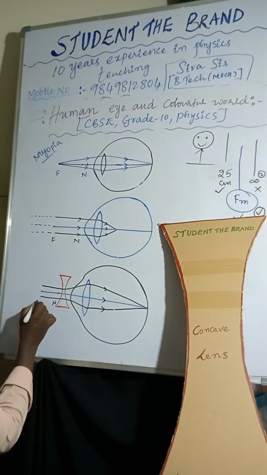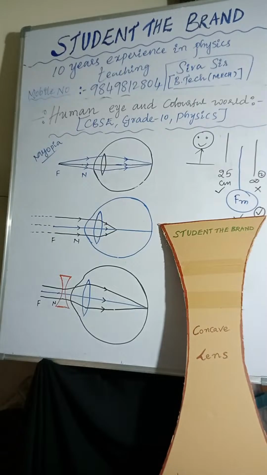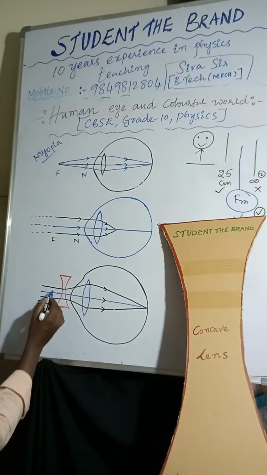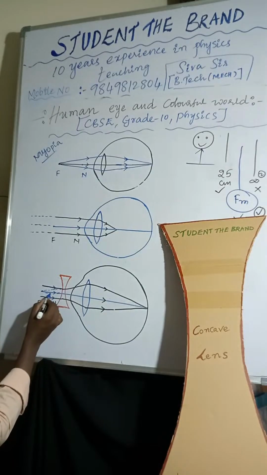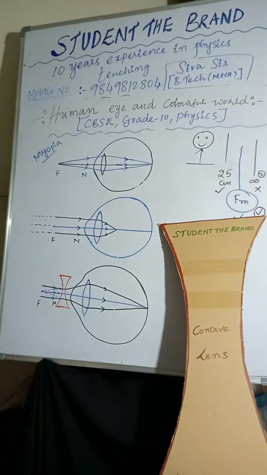So this is the near point and far point. We are taking the dotted lines. Observe the diagram once. If you are drawing here, these light rays should meet at the far point.